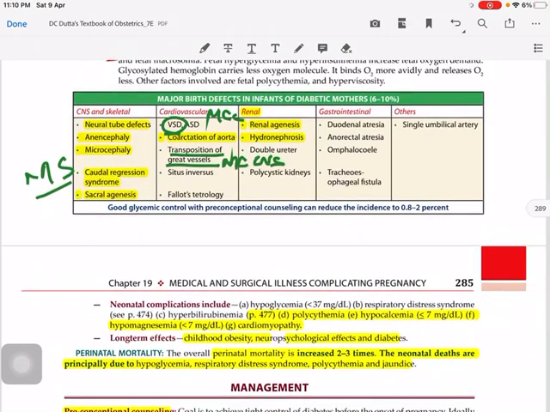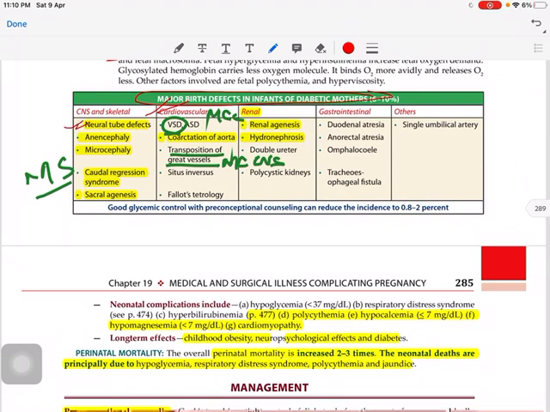Now we have some questions. These are some gross congenital anomalies. The most common congenital anomaly in a child will be cardiovascular, and then neural tube defects. Then what is the most specific gross congenital anomaly in a child?